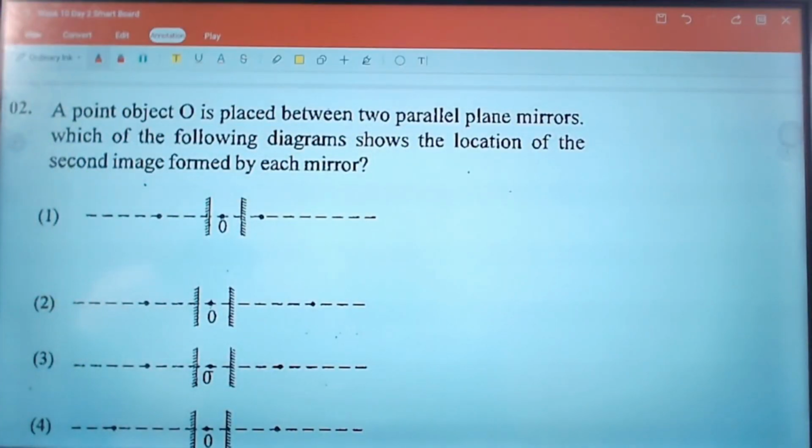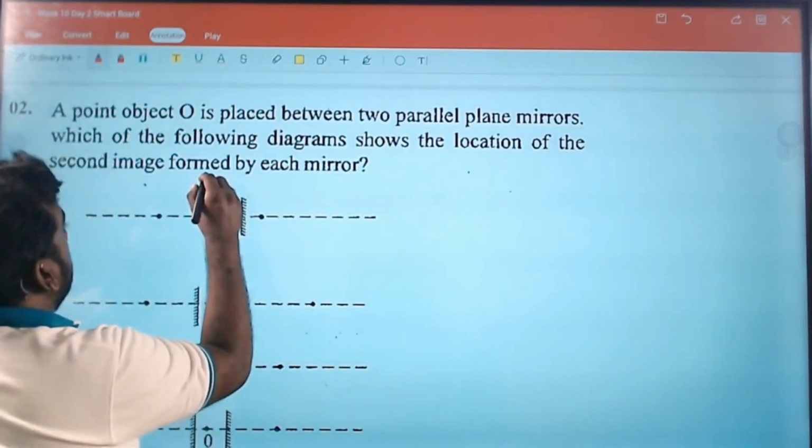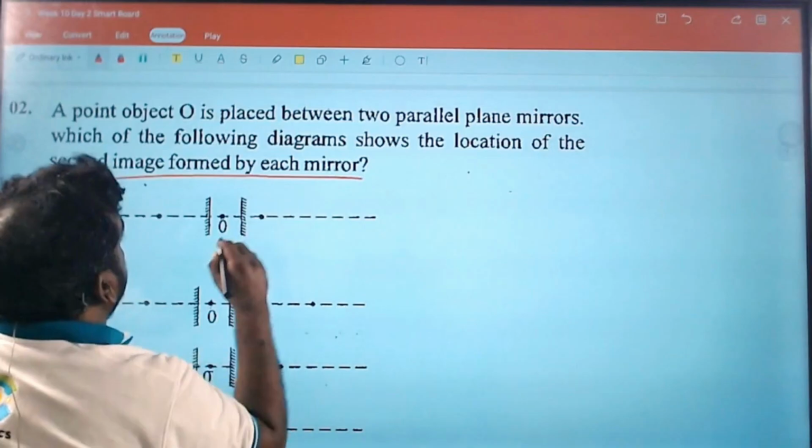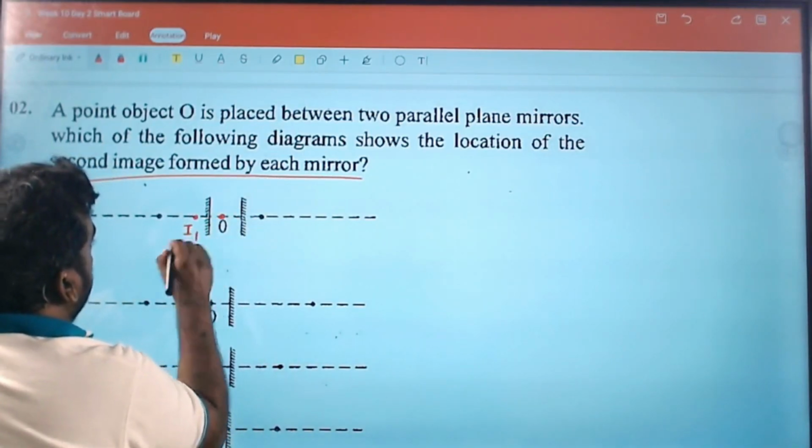A point object is placed between two parallel plane mirrors. Which of the following diagrams shows the location of the second image formed by each mirror? Second image formed by each mirror. Object here, image here.